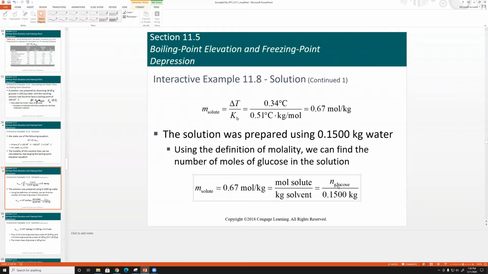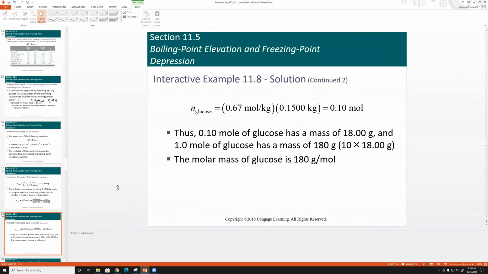And this example will be on some of the homework questions. If we know the moles and we know the amount that equals that number of moles, so basically we calculate n. What do we get for n? We get n is 0.1. If we know that 18 grams is 0.1 moles, we can figure out the molar mass, how many grams is 1 mole, just by multiplying it by 10 or dividing it by 0.1.